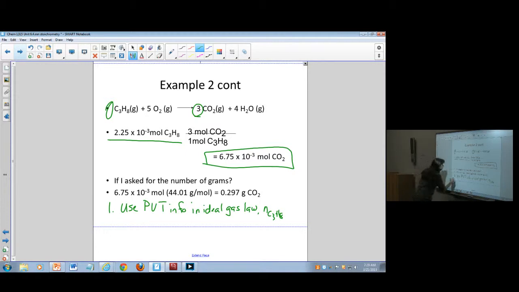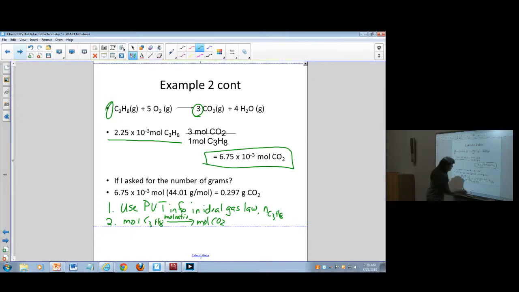Second, we took the moles that we calculated of C3H8, and using a mole ratio, we converted to moles of CO2. So that's the steps that you need to undertake here. All we're doing is one more thing.